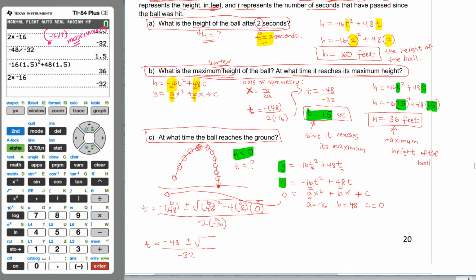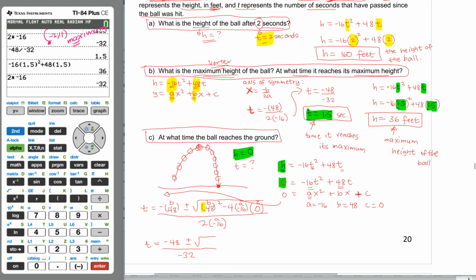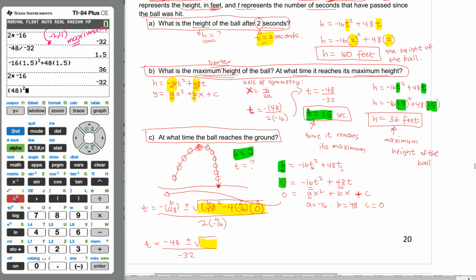Okay, let's do that in the calculator. Remember last time we just enter everything under the square root in the calculator and put the answer here. So we have 48 squared minus 4 times negative 16, then times 0. Press enter. This gives you 2,304.